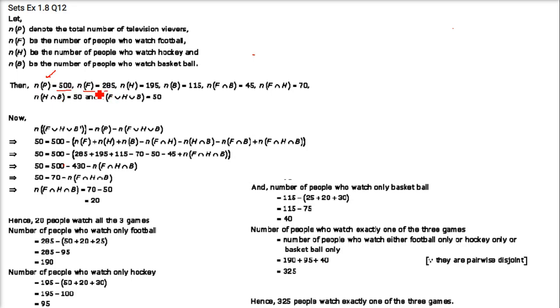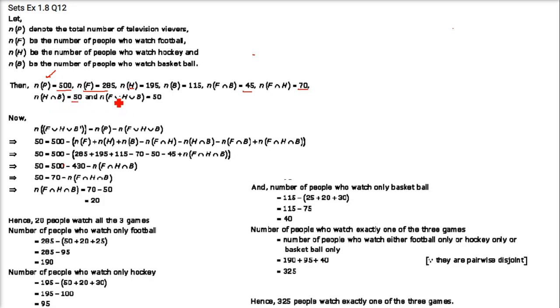Then 285 watch football, 195 watch hockey, H for hockey, and 115 watch basketball, B. Football and basketball 45, football and hockey 70, and hockey and basketball 50.